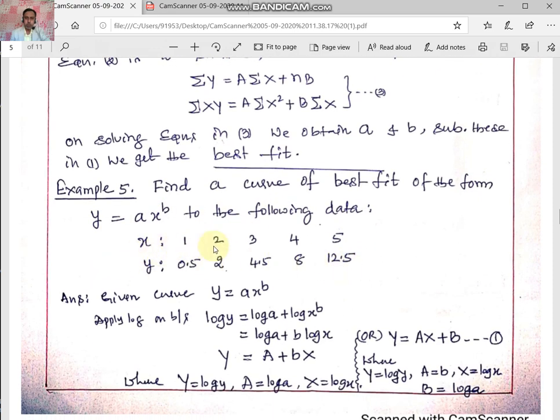X values 1, 2, 3, 4, 5, y values 0.5, 2, 4.5, 8, 12.5.